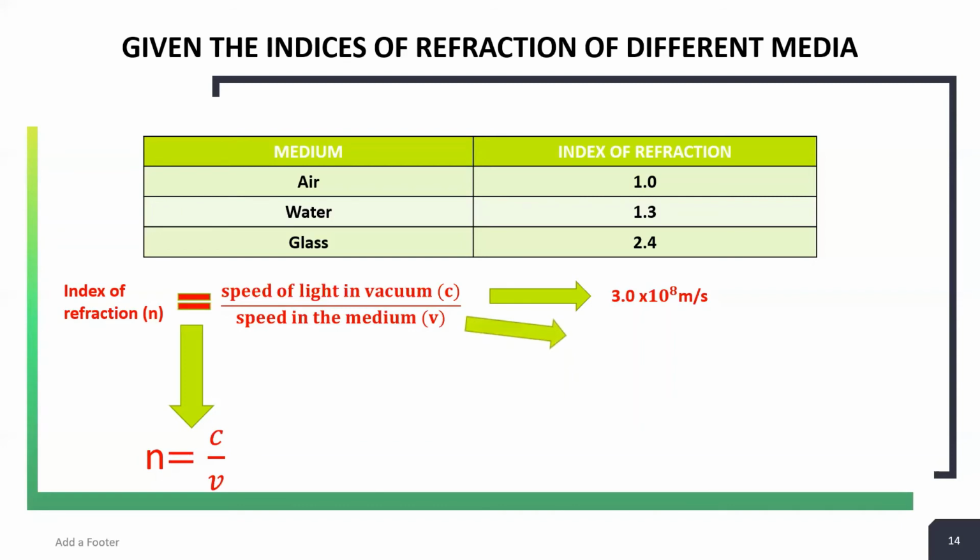Now, we need to find out the index of refraction and the speed in the medium or material. The next would be how to find the speed in the medium of water.